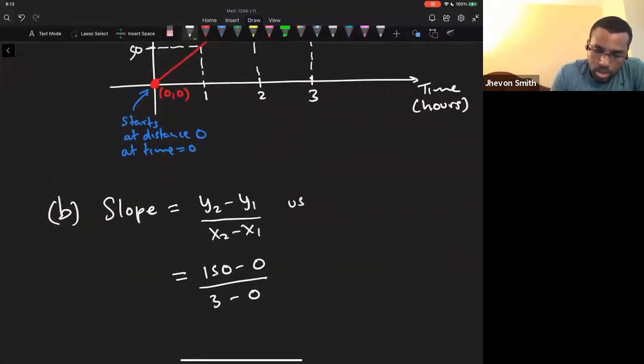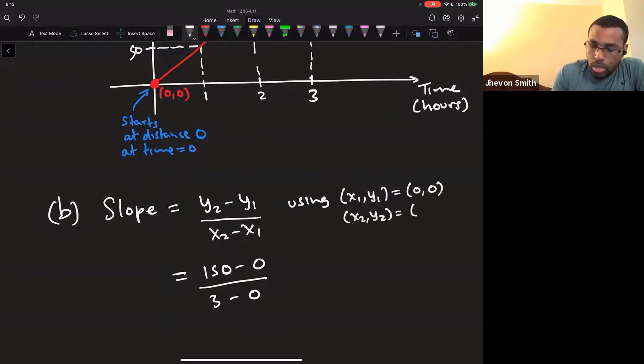So this is using x1, y1 equals the origin, and x2, y2 equals 3, 150.